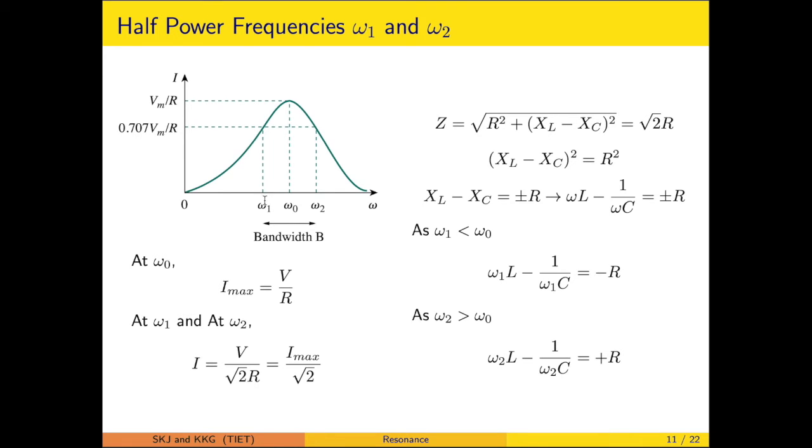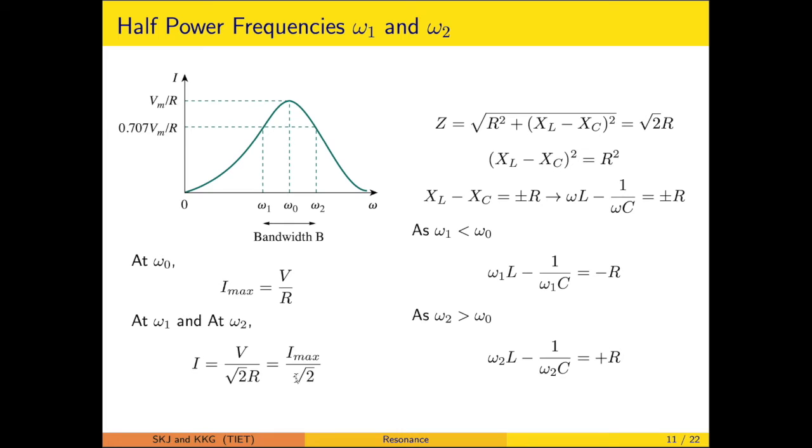Another point here is, in this particular band of frequency omega 2 to omega 1, the current is always greater than or equal to I max upon root 2, or you can say 70.7% of the I max.